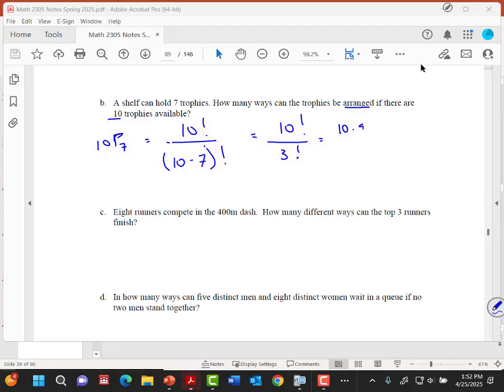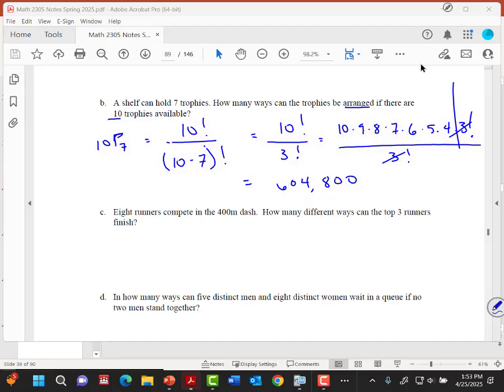This is 10, 9, 8, 7, 6, 5, 4 times 3 factorial over 3 factorial. The 3 factorials cancel, and so I simply multiply out from 10 all the way down to 4, and we should get 604,800. Okay.